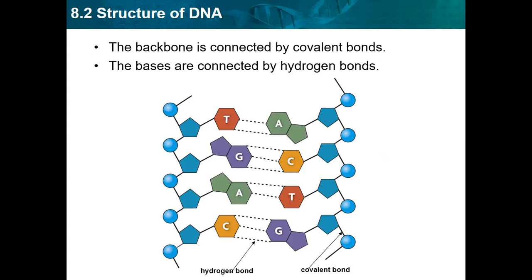The backbone is connected by strong covalent bonds, but the bases, thymine, adenine, guanine, and cytosine, are connected by weak hydrogen bonds.